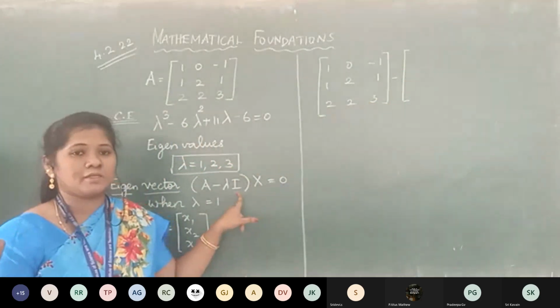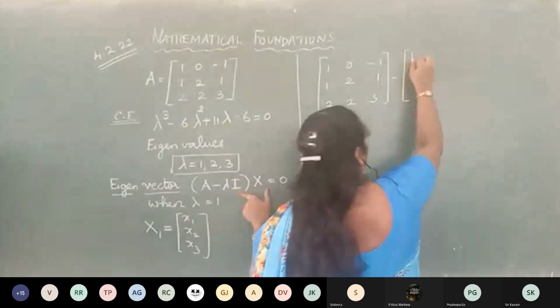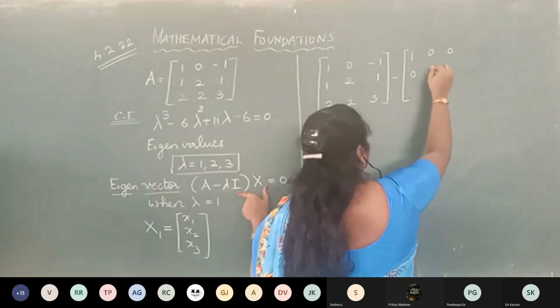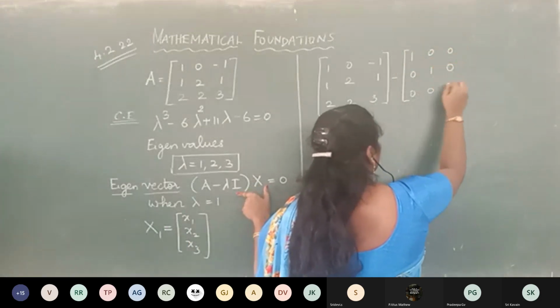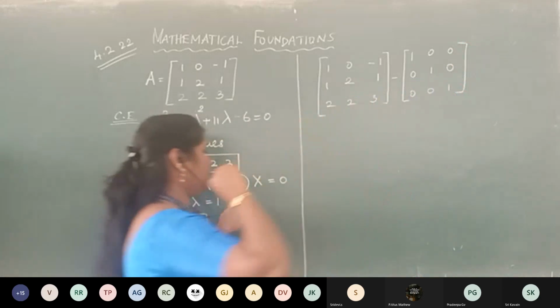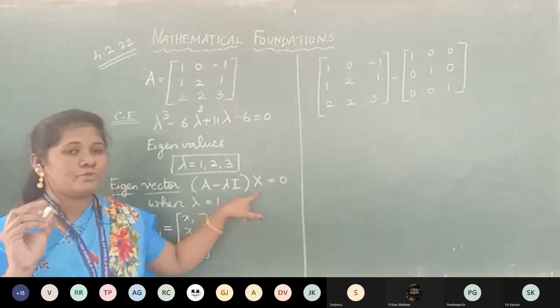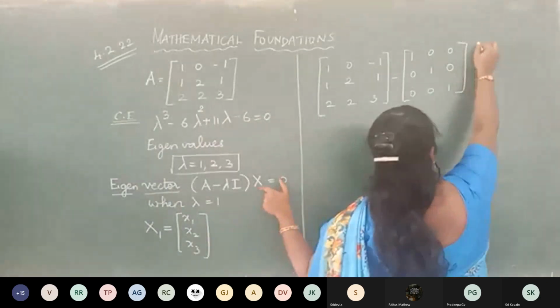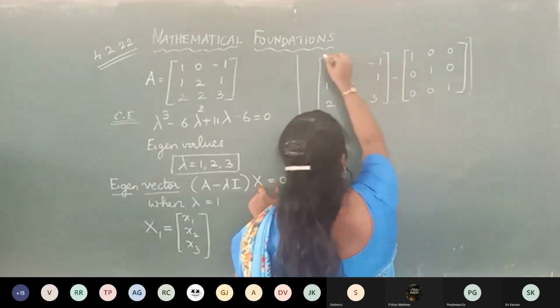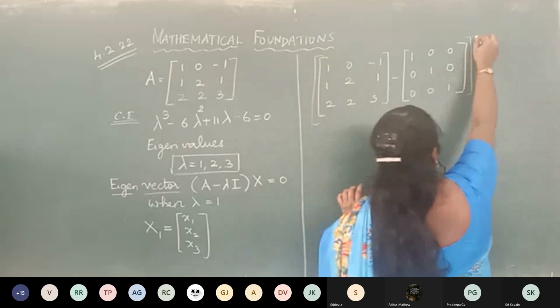For a 3 cross 3 matrix, it will be 1, 0, 0, 0, 1, 0, 0, 0, 1. Since you have taken lambda as 1, you've got the same value. Into your x, which is the whole term into your x1, x2, x3.